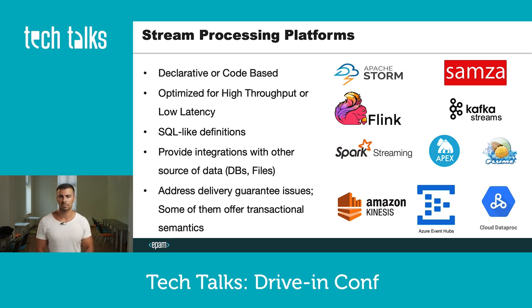We can also adjust between micro batching or event by event processing, respectively for high throughput or low latency. They even provide SQL-like definitions and can integrate with database sources and files. Of course, they also differ in guaranteed delivery, which we'll come to later.